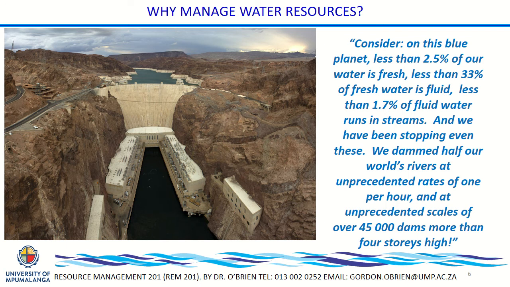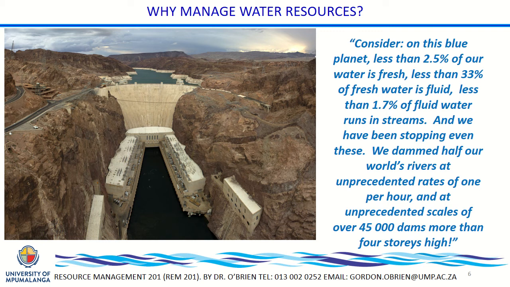Consider this. On this blue planet, less than 2.5% of our water is fresh. Less than 33% of that fresh water is fluid. In other words, more than 67% of it is ice. So only 33% is fluid. Less than 1.7% of that fluid water runs in the streams and rivers. And we have stopped even them.